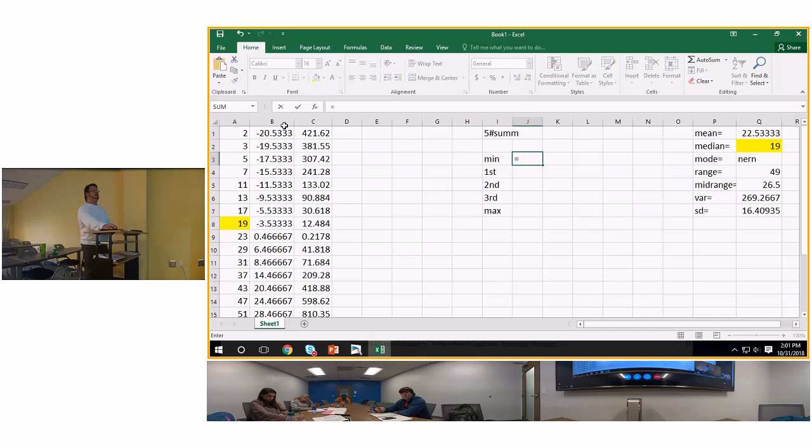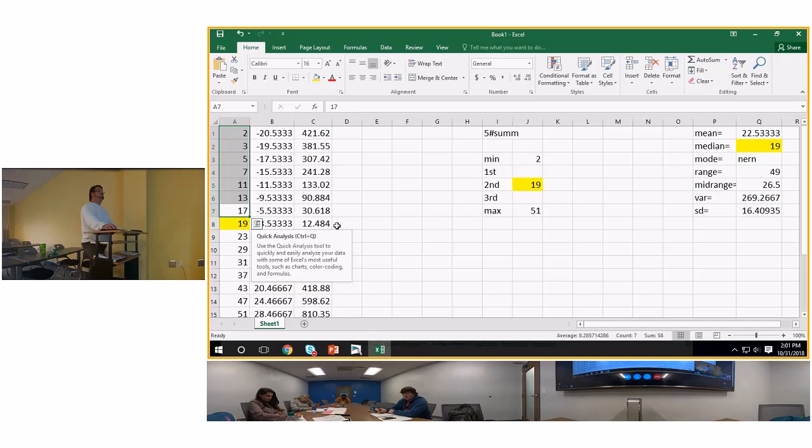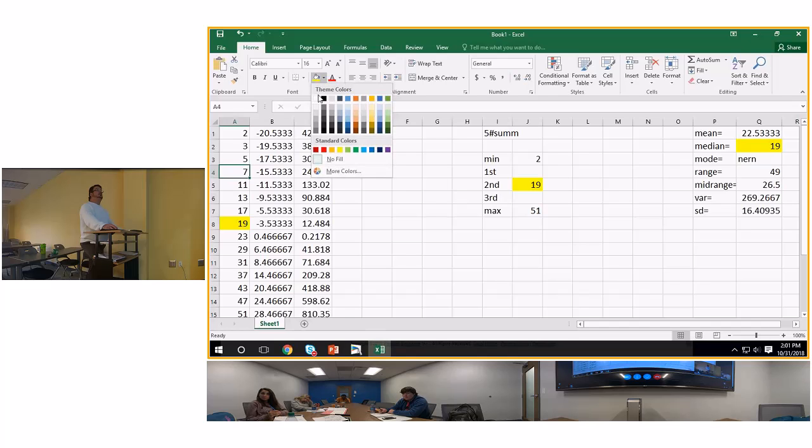We just have to bring that from here. Bring the max from here. Bring the second from where? Median. Now, how many numbers are above 19? 7. So there is your middle number.